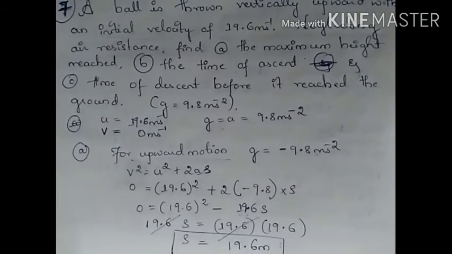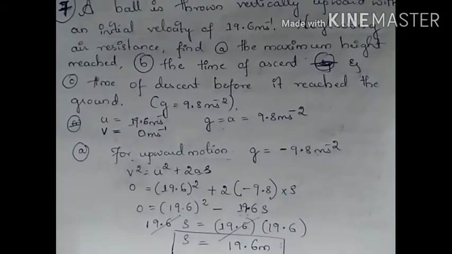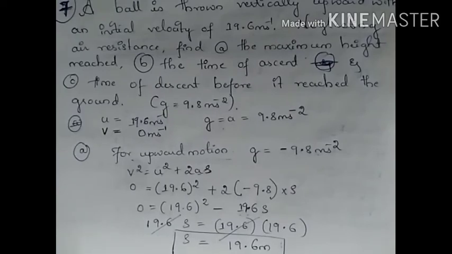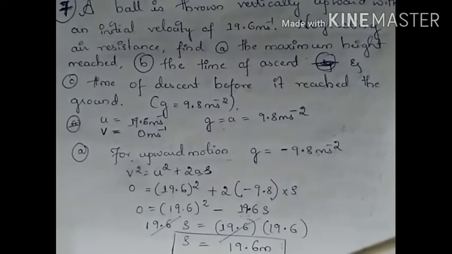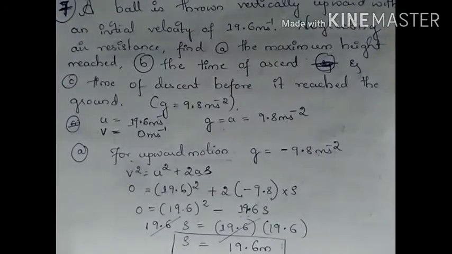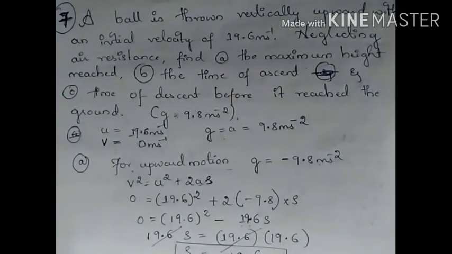So in order to use any kinematic equations in your problems, first try to understand what are the data that is given to you. So if you write the data which is given in the question separately, then you will understand which kinematic equation to be used, because there are basically 3 equations. For every problem you cannot use the same kinematic equation.